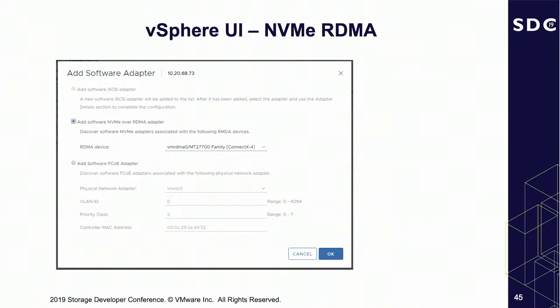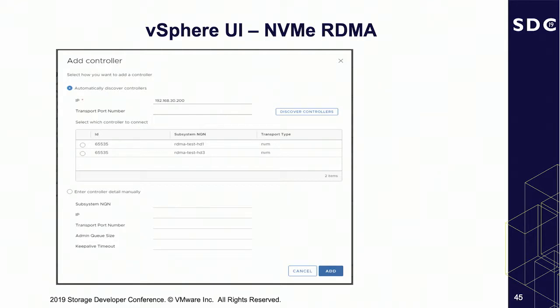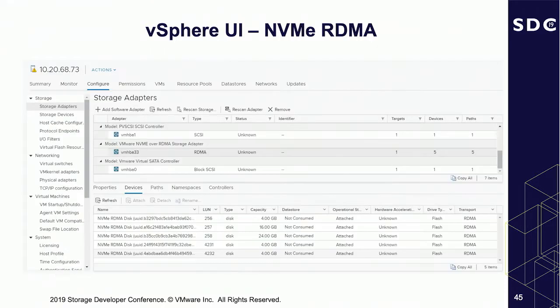Once you've pointed it to the RNIC you want to bind to, you can specify the remote target's IP address, discover the controllers behind that IP address, and then log into the individual controllers behind that. Then it presents all the namespaces and LUNs sitting behind it.